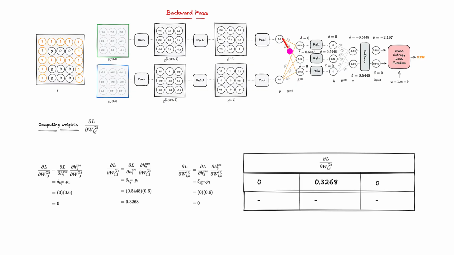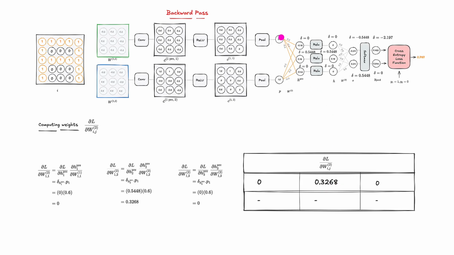How does changing this weight affect the loss? Well, it's how changing that weight changes this neuron times how this neuron changes the loss. Well, how does this weight affect the neuron? Well, it's going to be what the input is. That's 0.6, right? Times how this neuron affects the loss, which is 0.5488. We do that math right over here, and we see that it's 0.3268, which we log over here.